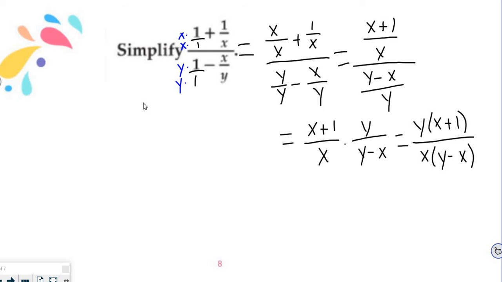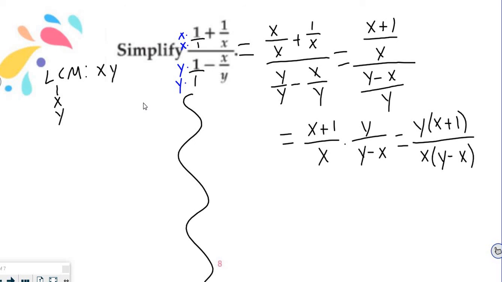Now, there is one other way that we can do this. It's not like one way is the right way and one way is the wrong way or anything like that. They're just kind of different. So notice here, if I was looking at my least common multiple of 1, x, and y, what would my least common multiple be? xy.